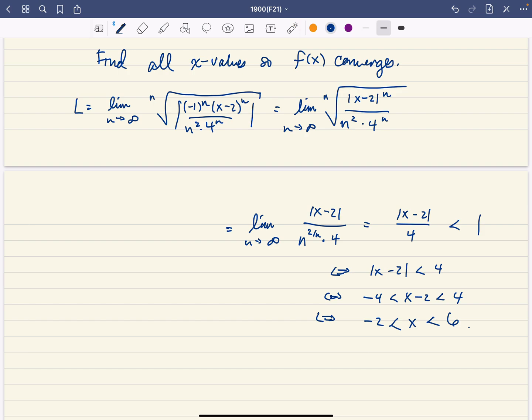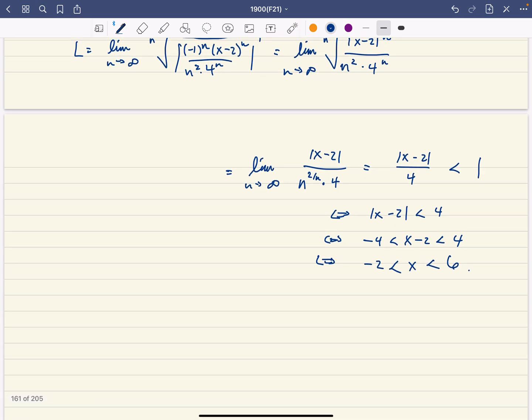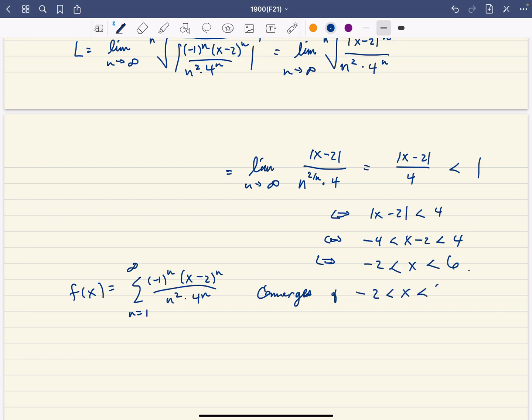We know that the series, so let me just write this down. So the series that we're looking at was negative 1 to the n, x minus 2 to the n, over n squared times 4 to the n, as n goes from 1 to infinity. We know that this converges if x is between negative 2 and 6.